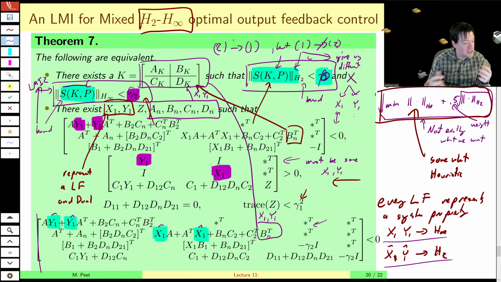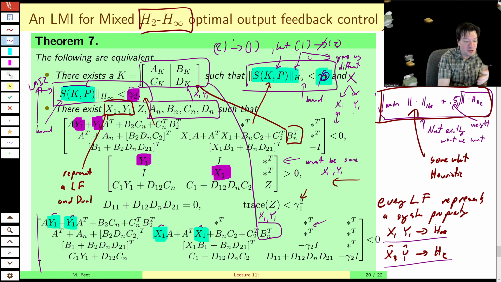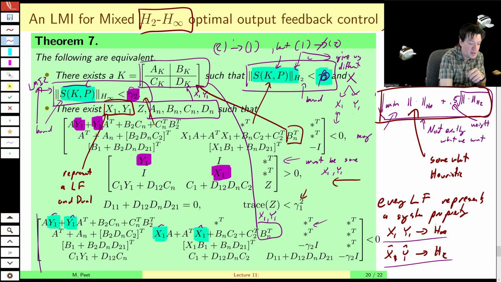So this is a sufficient condition. It's conservative, right? There may be a controller which achieves a better norm in this sense, even if you solve this LMI.